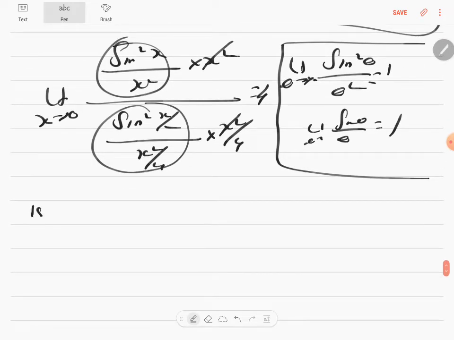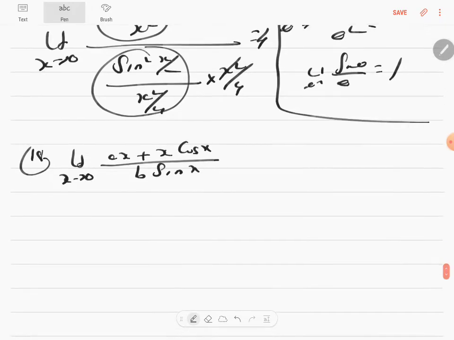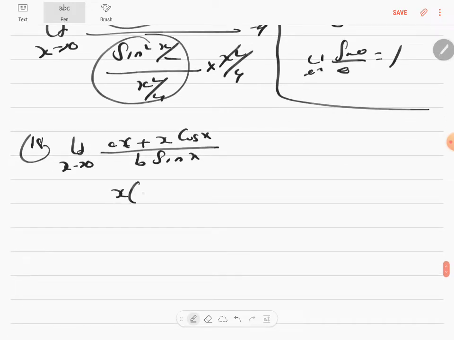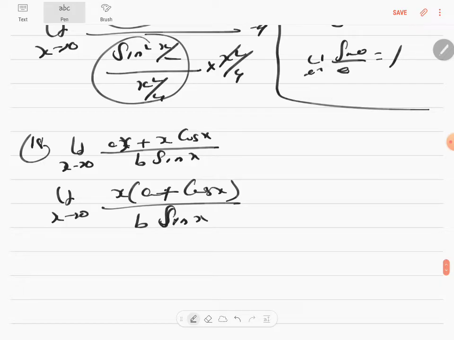It's the 18th question. Limit of ax plus x cos x by a b sin x, x tends to 0. Can you see? x can be taken out common from the numerator. It will become a plus cos x by a b sin x. Can you see a sin x here? And sin theta by theta, limit theta tends to 0 is 1.